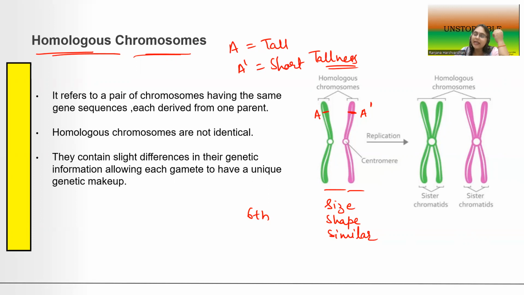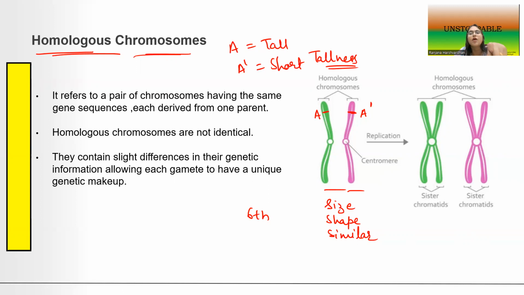Both gene A and A dash are responsible for determining the height. Now they may have variations. One may be for tallness, one may be for shortness, but both are for height. And the location of the gene for height is also the same in both the chromosomes. So these two chromosomes are not just similar in shape and size, not just similar in the type of gene being present, but also the location of the gene present on both is the same.